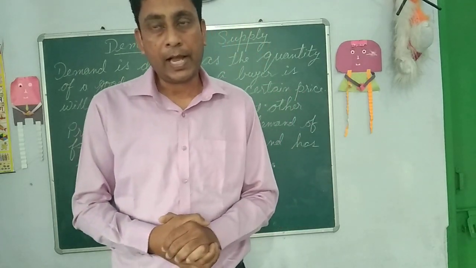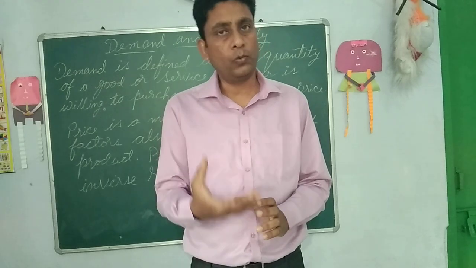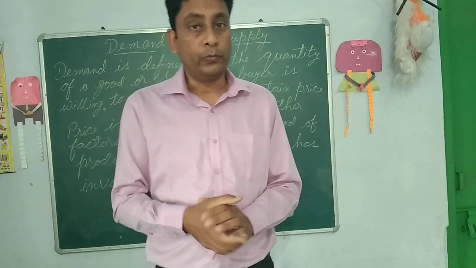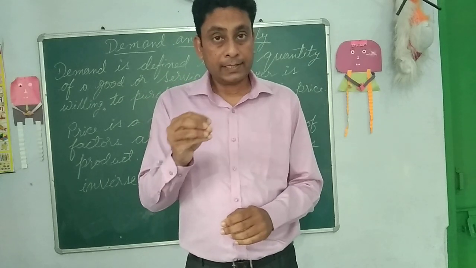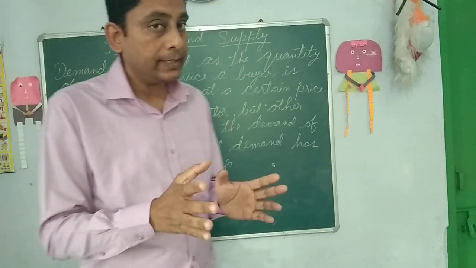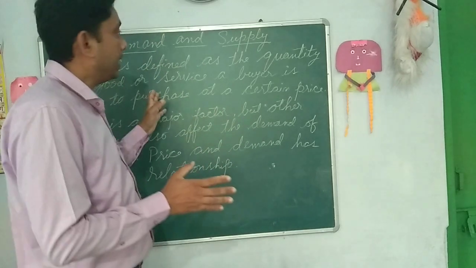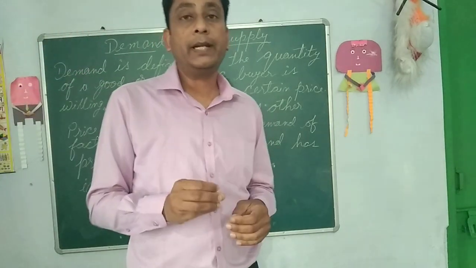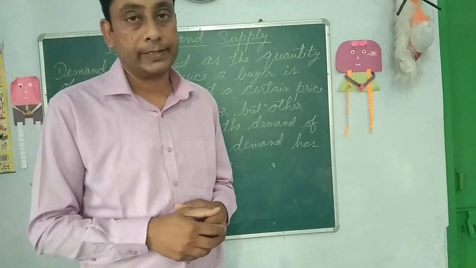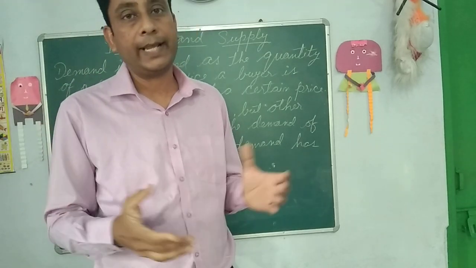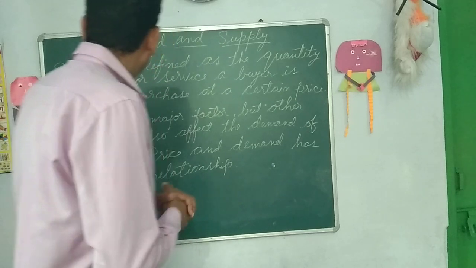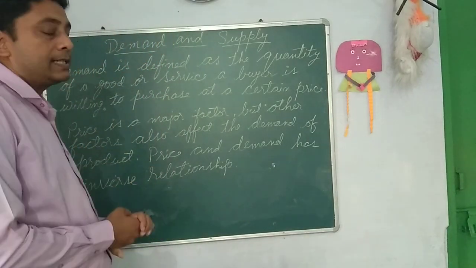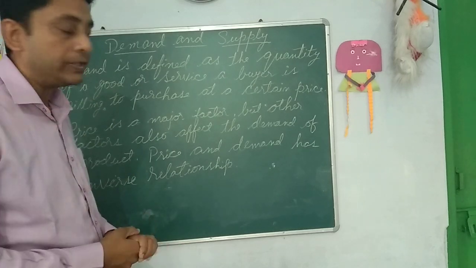Every person has his or her own desire, but desire is different from demand, because in demand the consumer has a capacity to purchase, but in desire we can desire anything. Price is a major factor, but other than price there are other factors which affect demand.